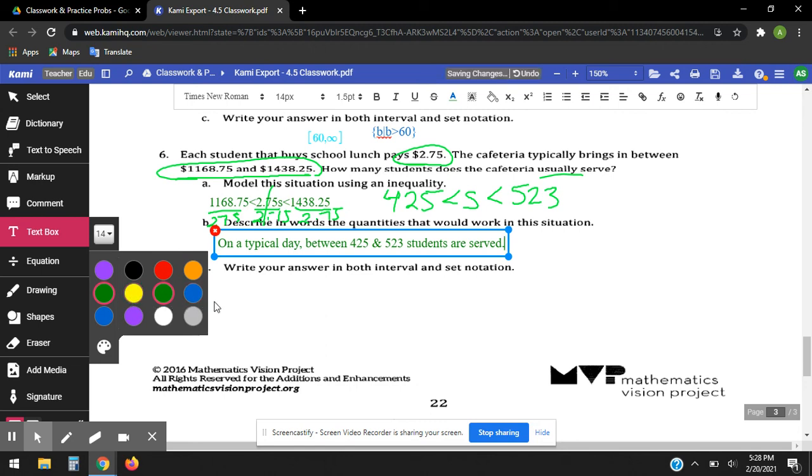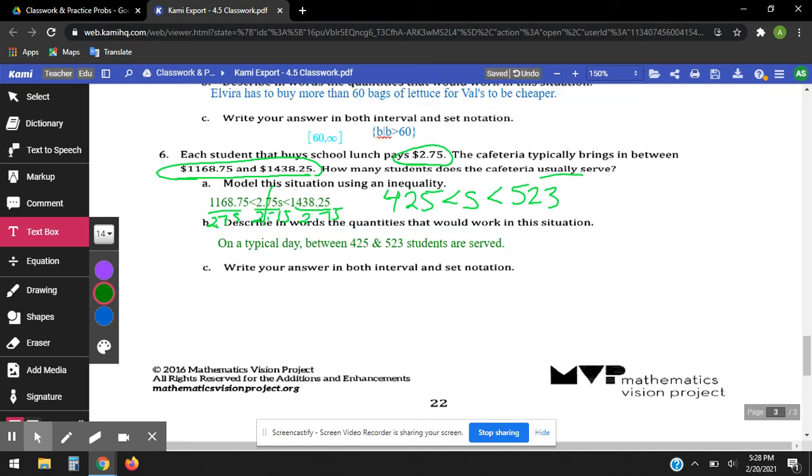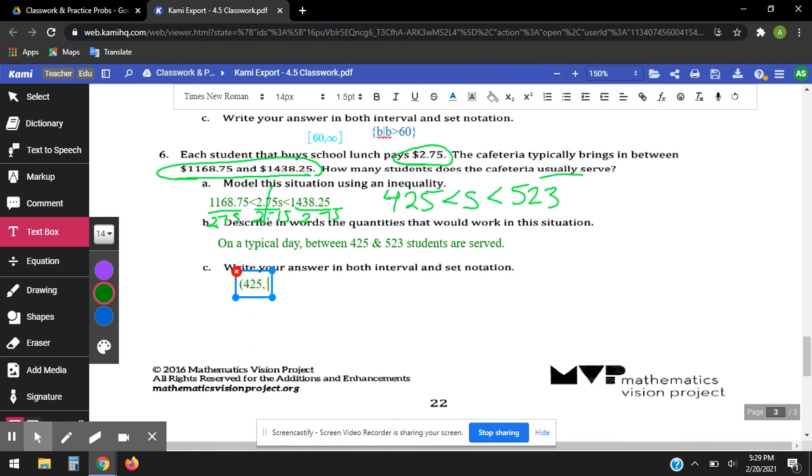Okay, interval notation and set notation. So interval, we are between. Notice how it's not an equals this time. So we will have, I hit the wrong button. Okay, so 425, comma, 523, right?